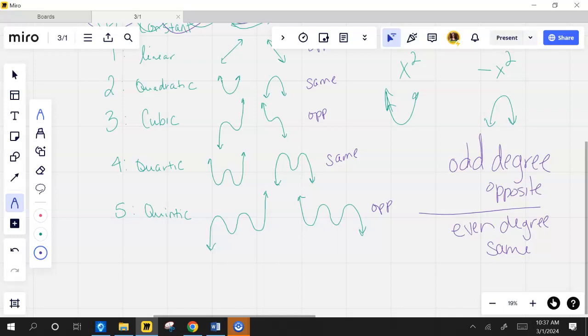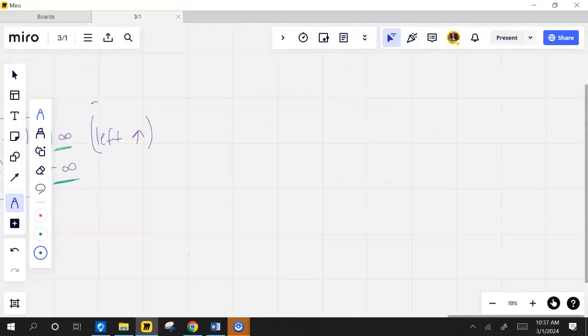I'm going to give you a little chart. Put this somewhere very important in your notes because you will want to reference it. You need 4 squares.